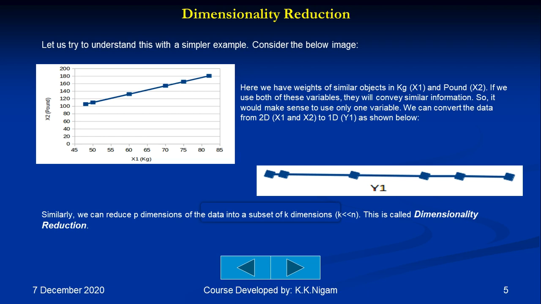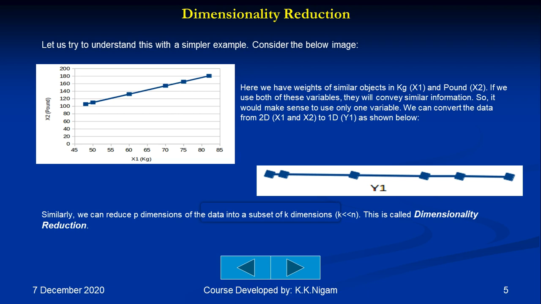Both of them are not required, because as far as your understanding is concerned, I think one will do. If we use both of these variables, they will convey similar information. So it would make sense to use only one variable. We can convert the data from 2D, x1 and x2, to 1D. So there is no need of having two variables for the same unit.